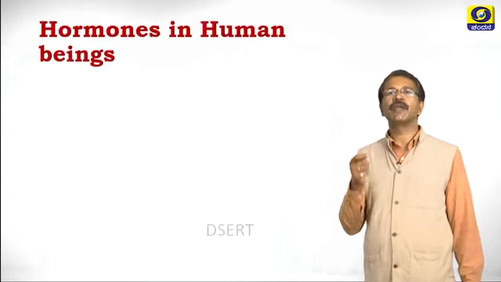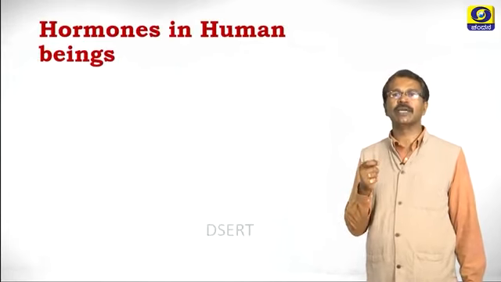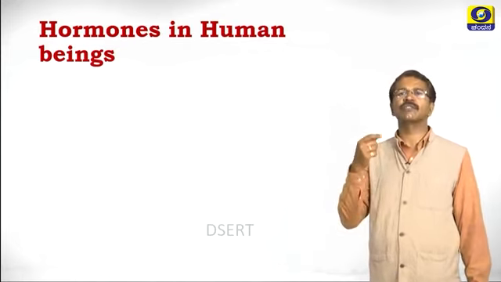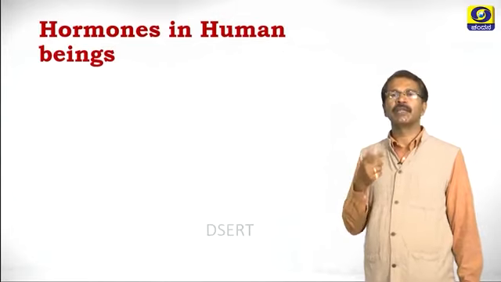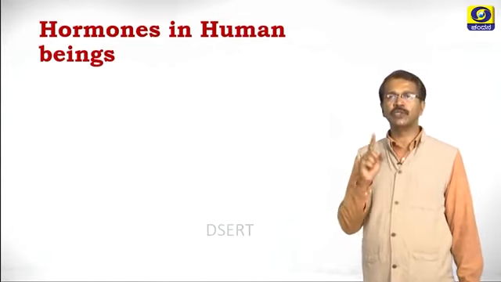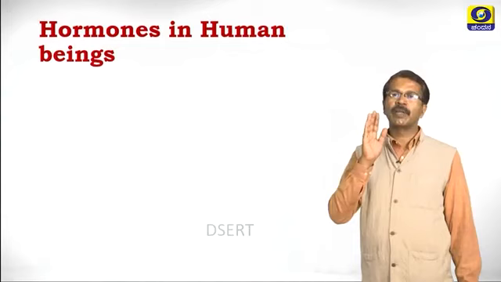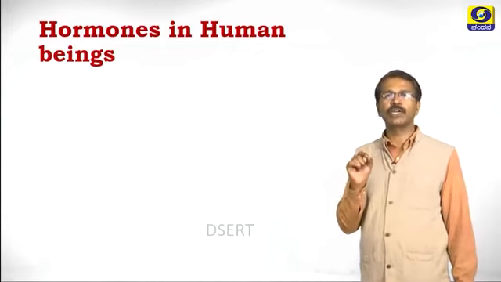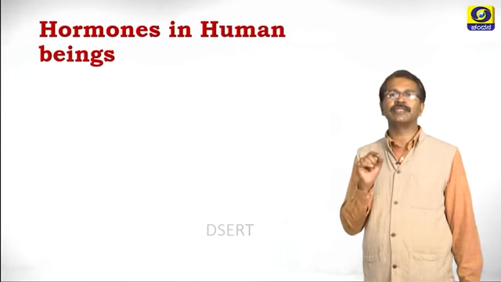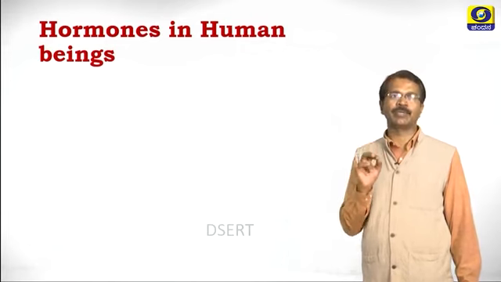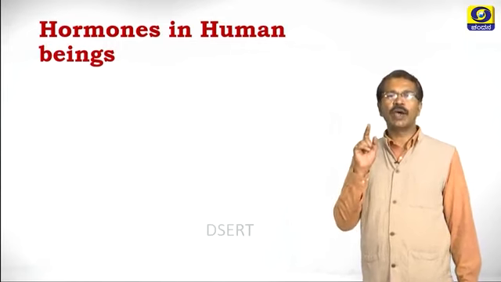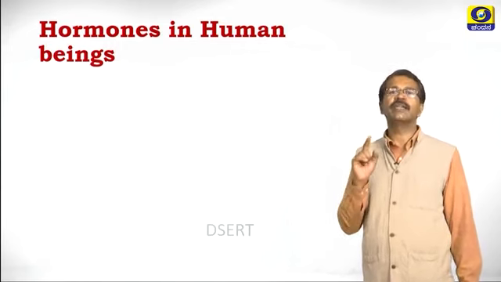Next point is hormones in human beings. Many hormones are produced which also control the function of specific parts of the body. That means control and coordination in human beings is brought about not only by the nervous system, it is also associated with many other glands. The glands are of two types, endocrine glands and exocrine glands. Here we are discussing endocrine glands.